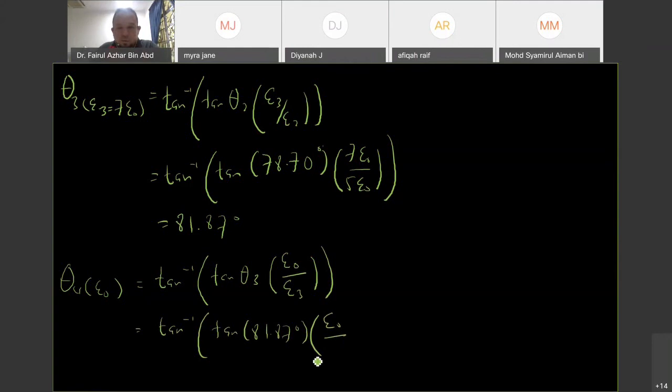Theta 3 is 81.87 degrees, multiplied by epsilon naught divided by epsilon 3 equal to 7 epsilon naught. If you solve this, we get the same answer as the initial one, equal to 45 degrees.